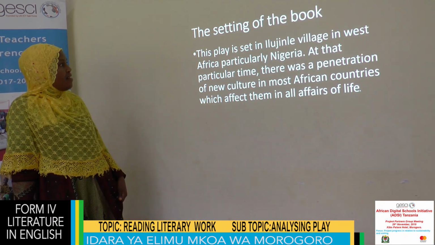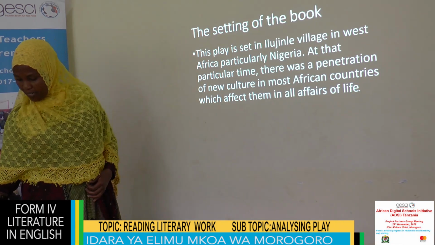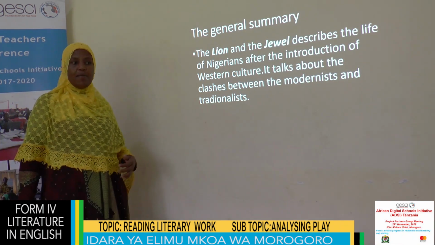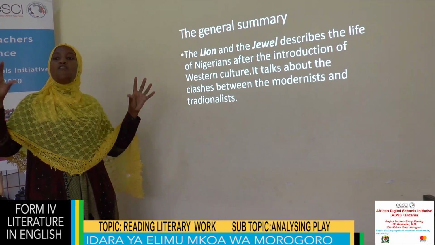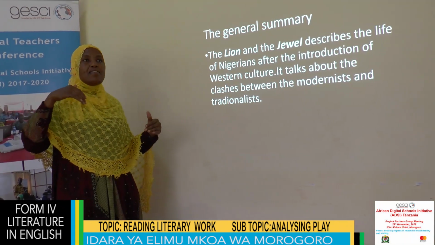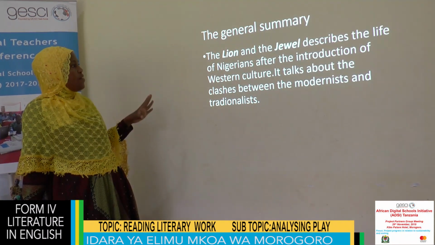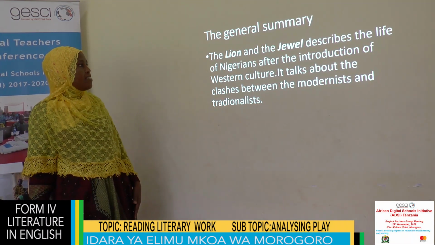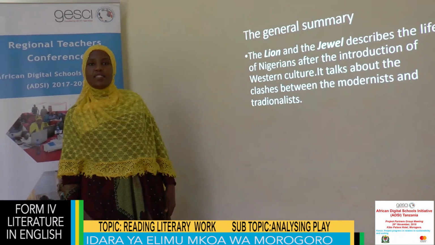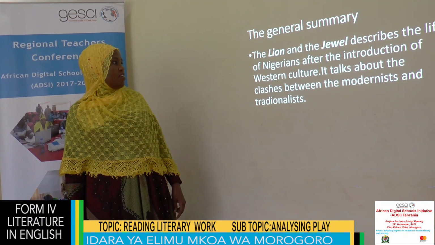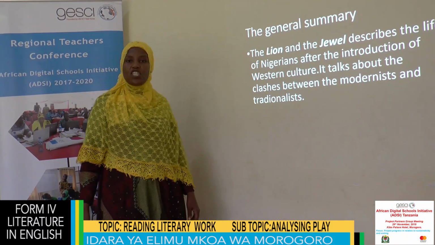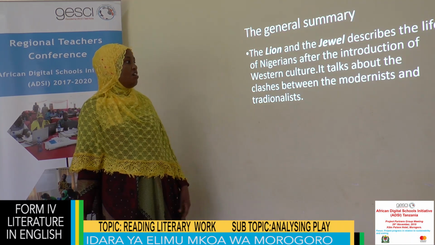Now, after that, let us go and see the general summary here. We want to know the overview of what the play is all about. It's a very brief summary. We can say that The Lion and the Jewel describes the life of the Nigerians after the introduction of Western culture.